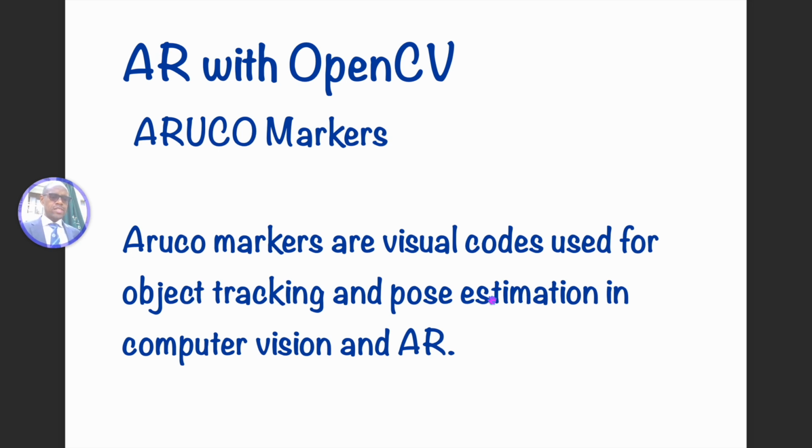What's pose estimation? I expect you understand object tracking. If you watched the previous videos that I made, you understand what object tracking is. But I don't know if you understand what pose estimation is.